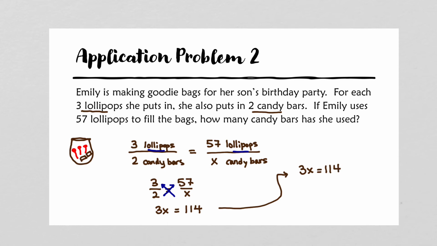Well, we need to divide both sides of our proportion by 3. And that tells us x is 114 divided by 3. Pull out your calculator again, and 114 divided by 3 is 38. X is 38. X represents the number of candy bars, and so Emily used 38 candy bars for her goodie bags.